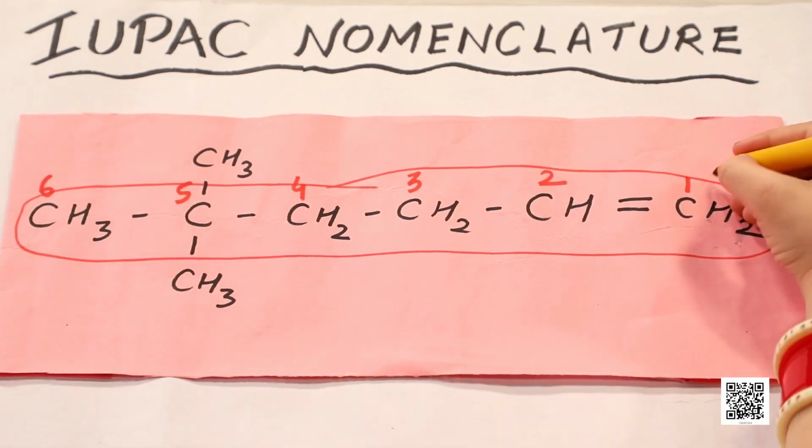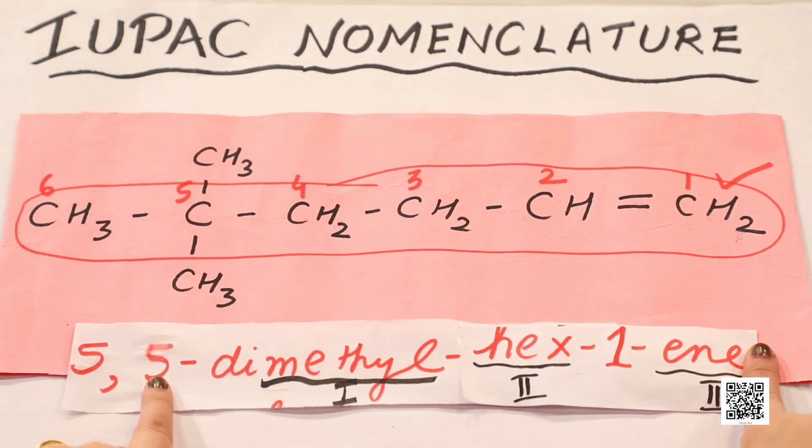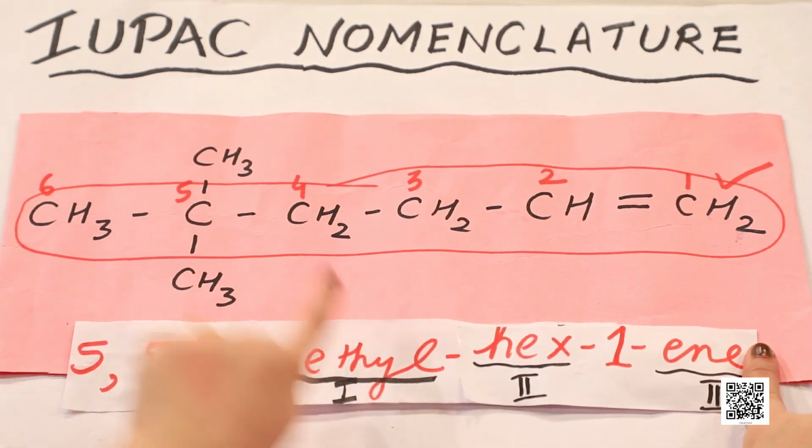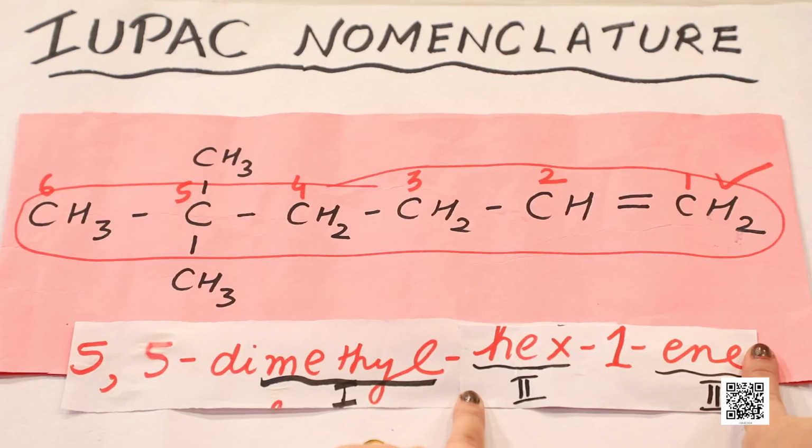So, for naming this compound, as you can see, the substituents are present on 5th position. And if you take care of this point, there are 2 substituents present and both are methyl. So, how do we write it? 5,5 dimethyl, that is your first part which is prefix. Second part is your main chain. How many carbons are present? 6. Very good. So, we will write root word hex.